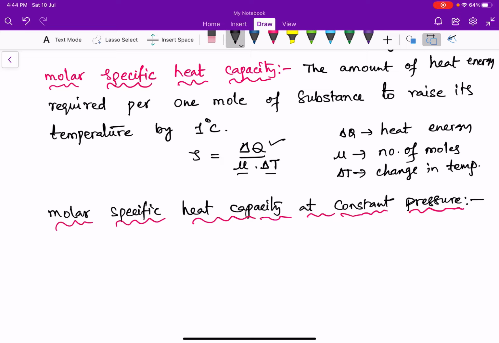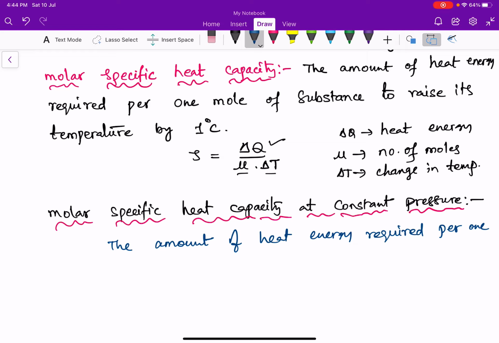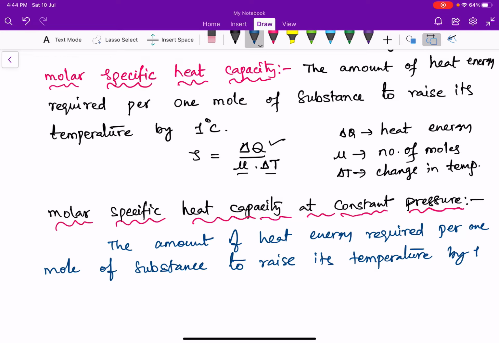So the amount of heat energy required per 1 mole of gas or substance to raise its temperature by 1 Celsius degree at constant pressure.